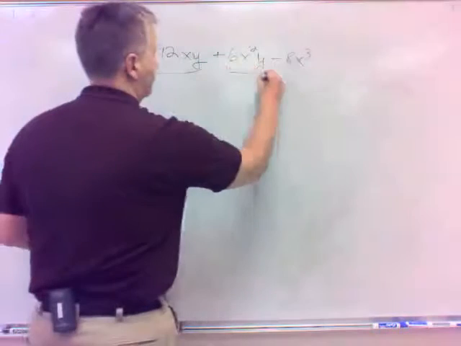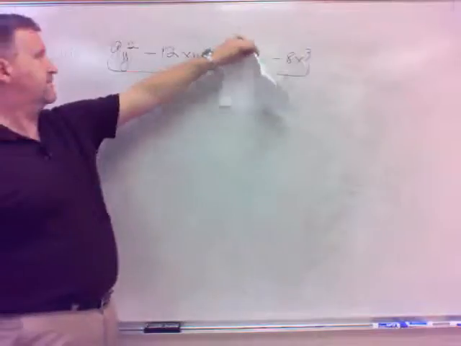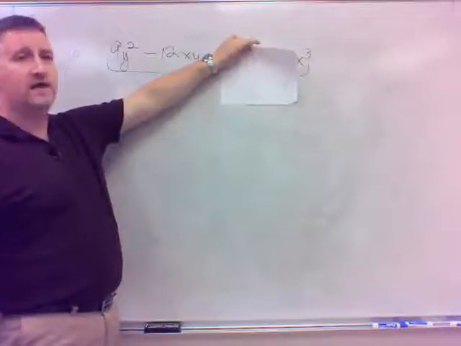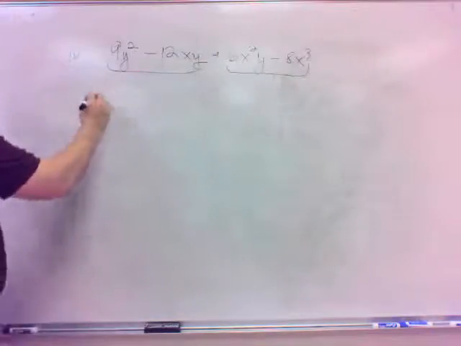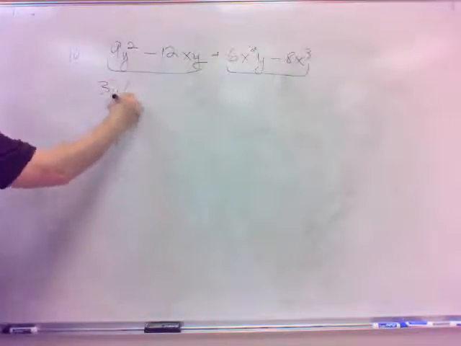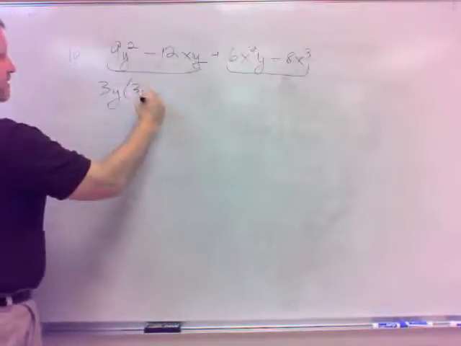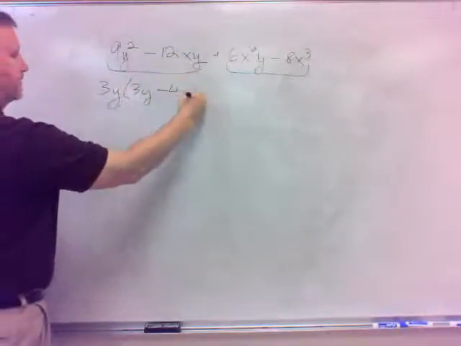The first 2, we look at the first 2 and see what those have in common. And they have, looks like a 3 and a y, don't they? 3y. So I'm going to factor off 3y. That'll leave me 3y there. And that'll leave me 4x minus 4x there.